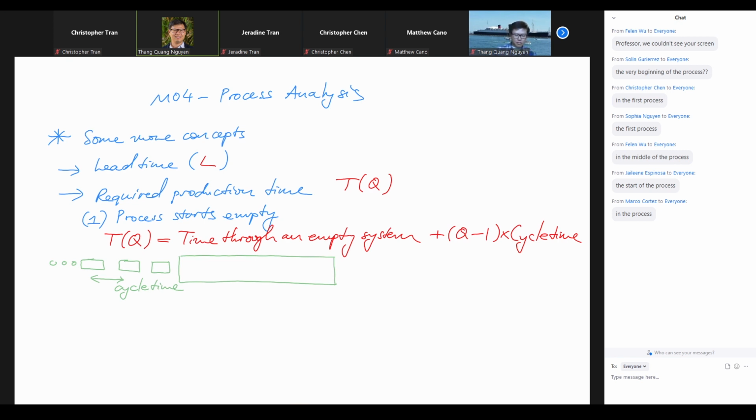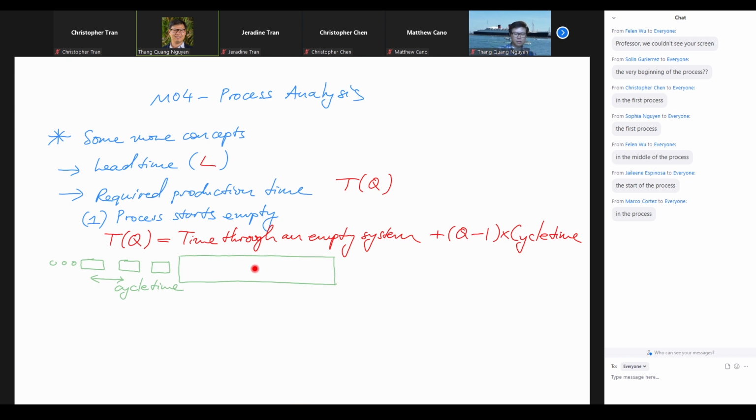If the first pizza comes in here, then the second pizza will come in, then the third, but they keep the same cycle time distance between themselves. So if the first pizza is here, then the second pizza will be somewhere here. They keep that distance. That's why we call it the cycle time.